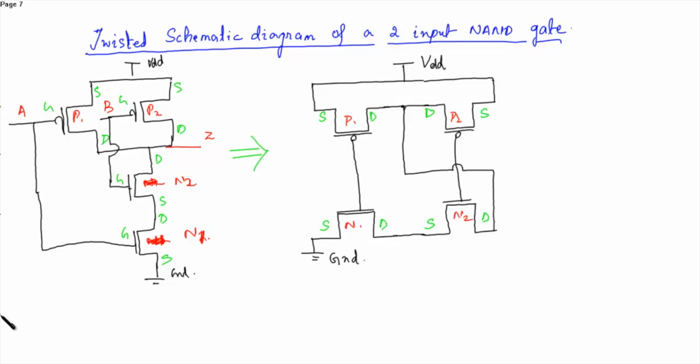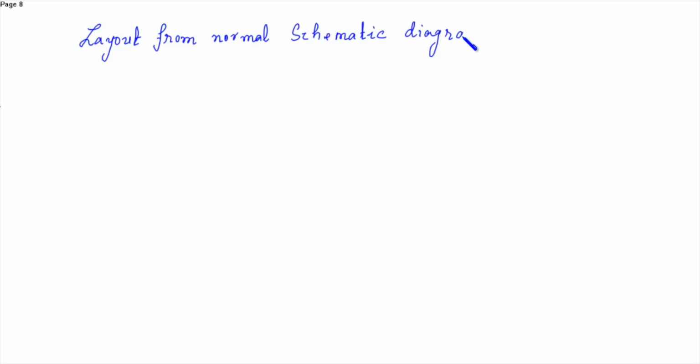Now let's see how to draw the layout from the normal schematic diagram of a 2-input NAND gate. Layout from the normal schematic diagram.